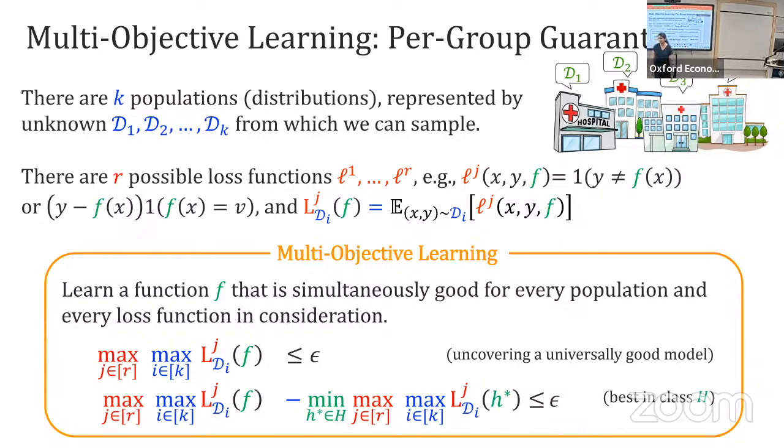So following up on Jan's question a little bit, it does feel important whether I observe which group units come from, because if I do, then with infinite training data I could just separately pick the best F for D1, pick the best F for D2.